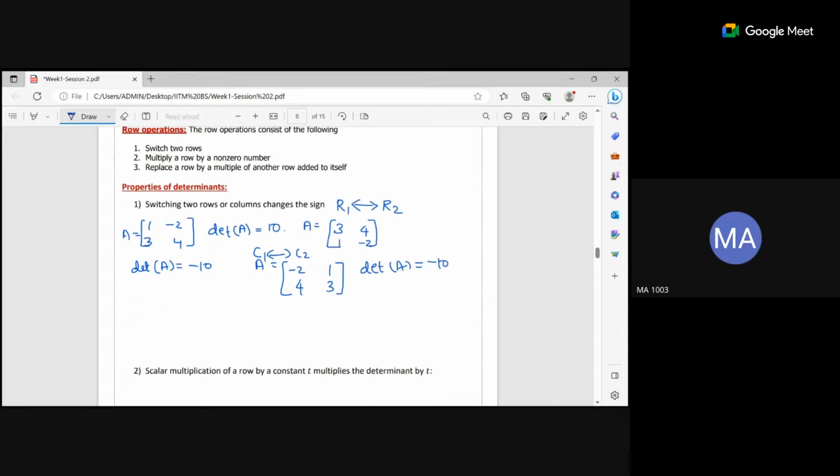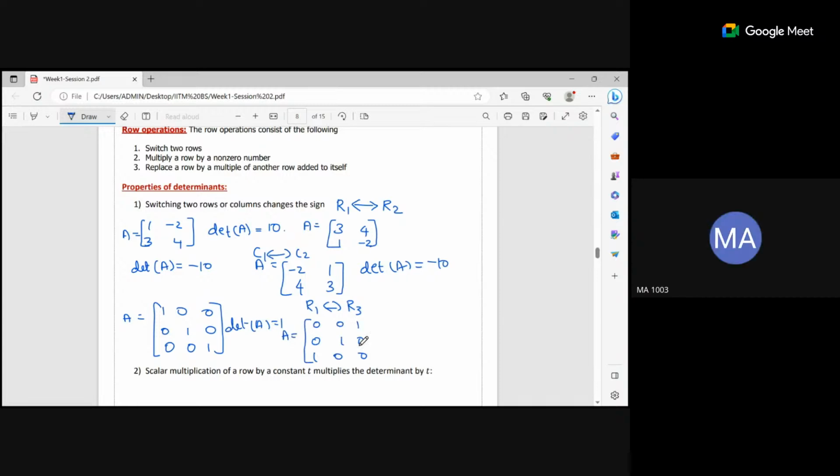Alright, maybe a simple 3 by 3 case. You already know this case. What is the determinant of this matrix? 1. Now let's change R1 with R3. If you are interchanging R1 with R3, what is the matrix you are getting? 0, 0, 1, 0, 1, 0, 1, 0, 0.